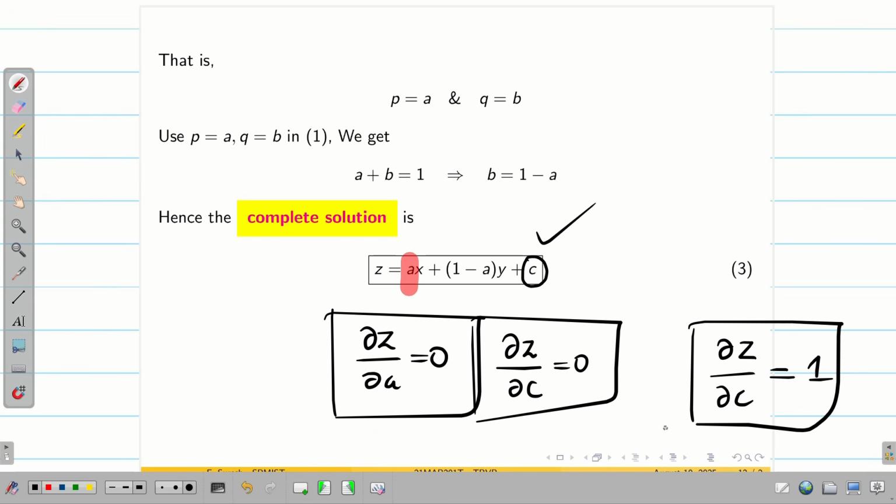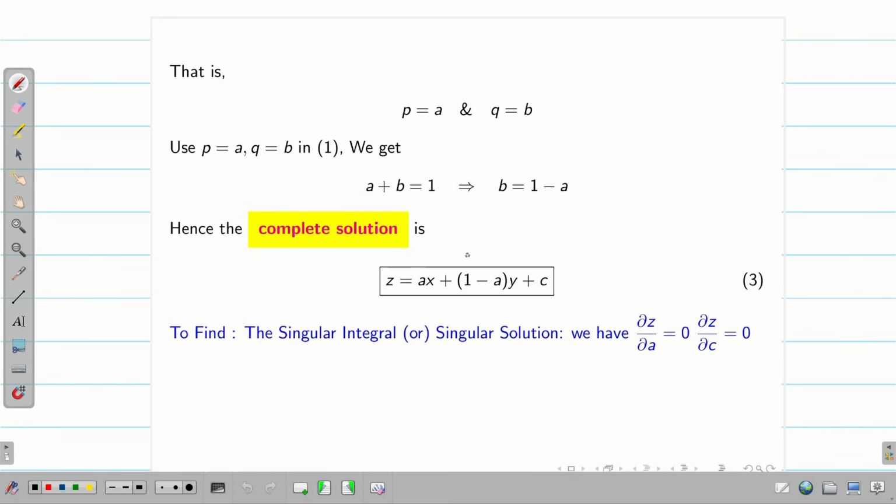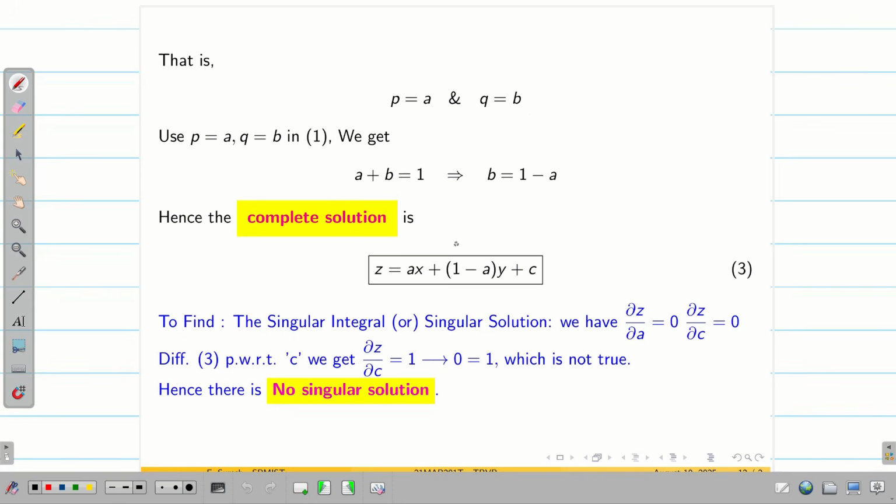But according to the condition ∂z/∂c equal to 0, when you equate we get 0 equal to 1, which is never possible. It is an absurd. Therefore type 1 does not have singular solution. So in exam point of view, you can simply write it does not have singular solution. That is more than enough.